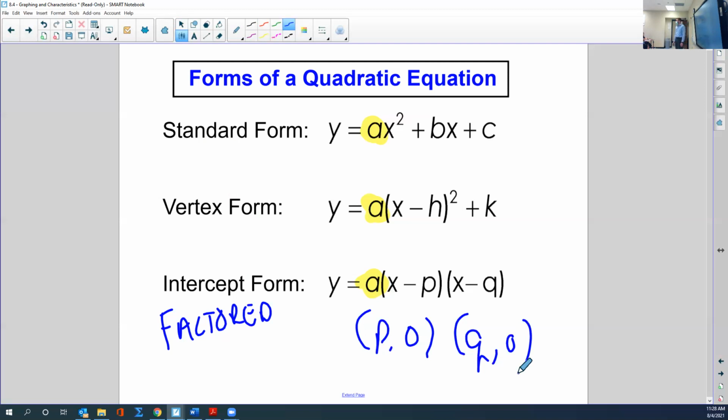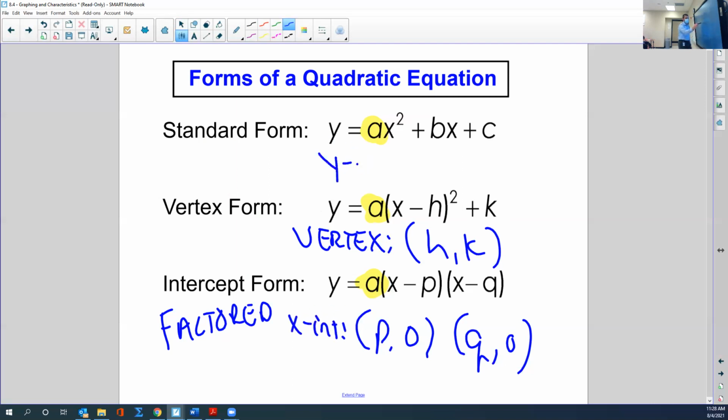Your vertex, which is at (H, K). And standard form will give you your y-intercept, although it's not super pertinent, but it is a piece of information.